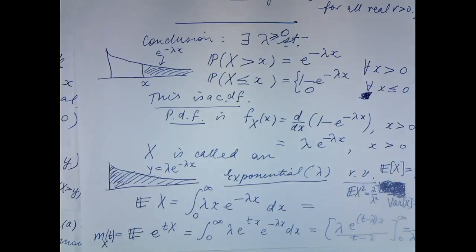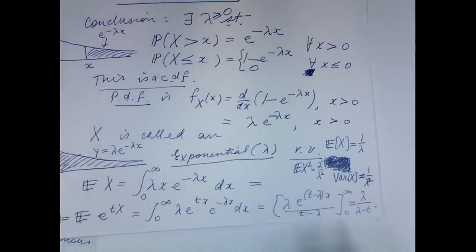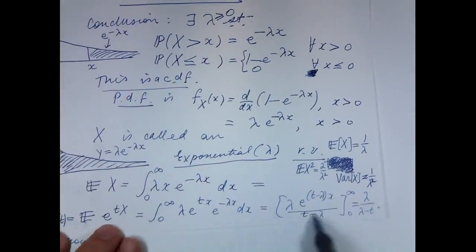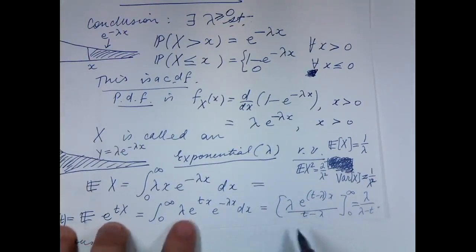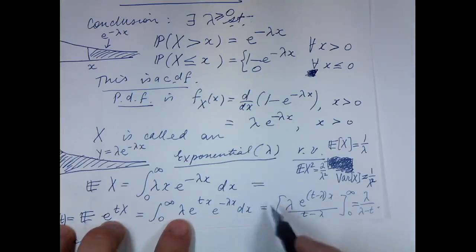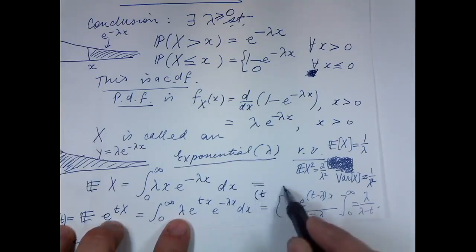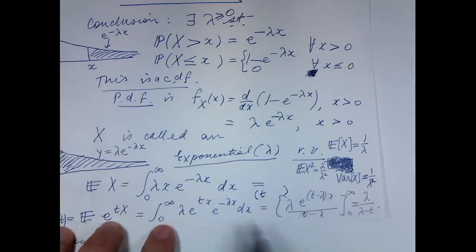And by the way, it's worth mentioning, since I've done this M_X(t), this calculation is technically not true for all t. For this calculation, I need a constraint on t. You can easily plug in the formula and get it, but this will only converge to a finite integral if the infinity component of this tends to 0.